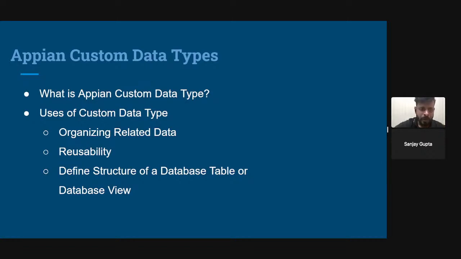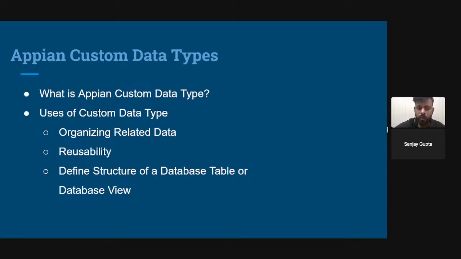Now, uses of custom data type. First, organizing the related data. We just read about address. Each and every field, like street, city, country, phone number, or postal code, is related to address.